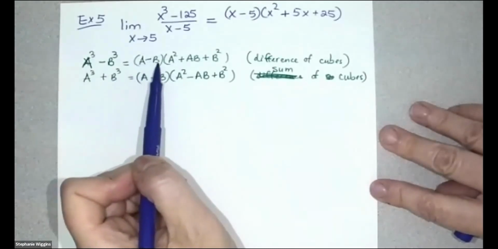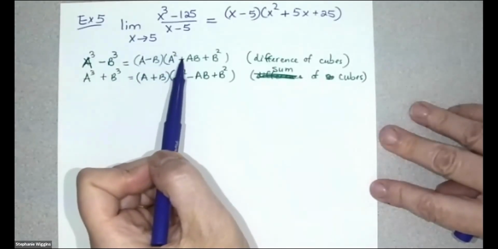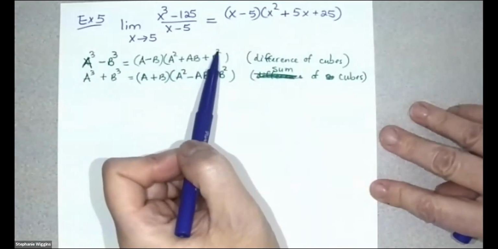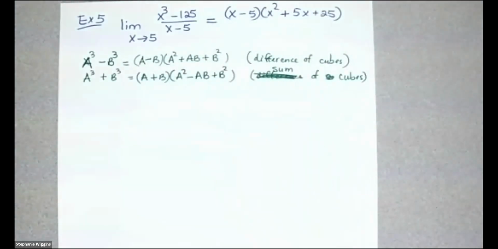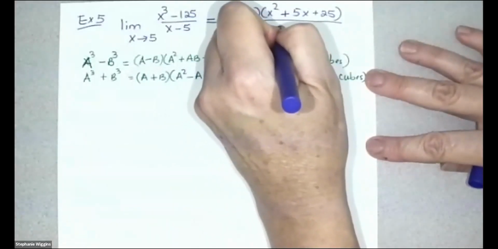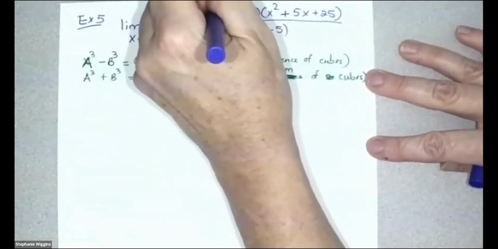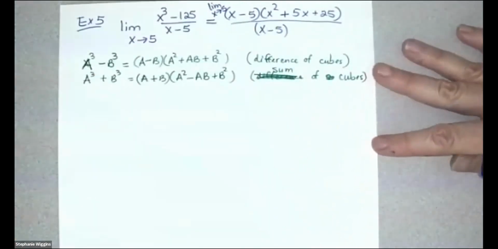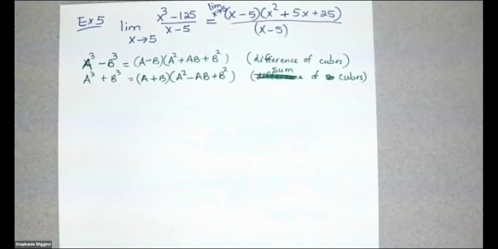So I get x minus 5 times x squared plus x times 5, or 5x, plus 5 squared, which is 25. So I just plug those in. And then, of course, we have to divide. And don't forget your limit as x approaches 5, like that. I forgot to write that.